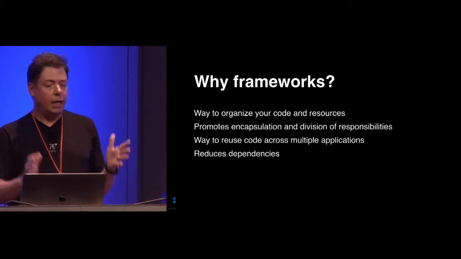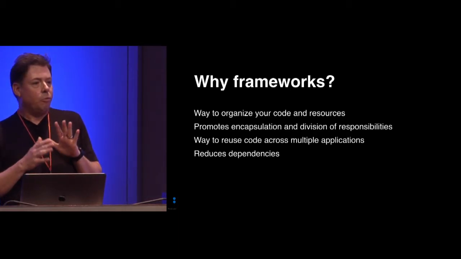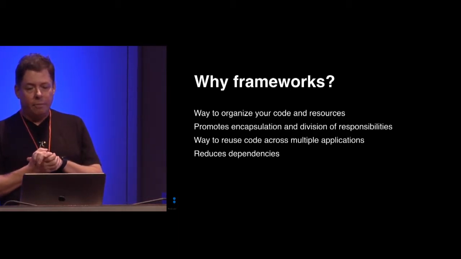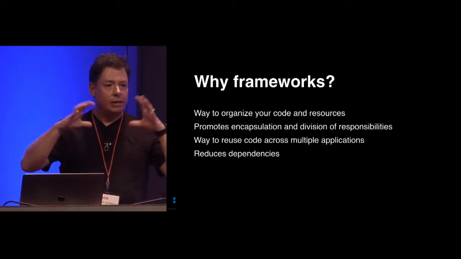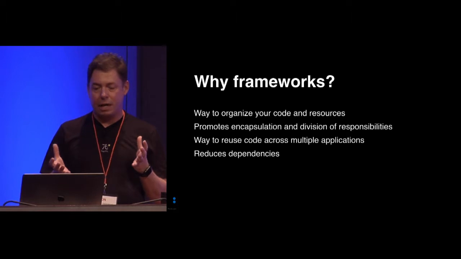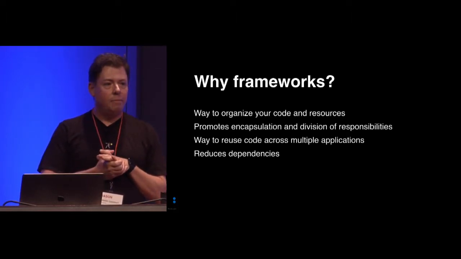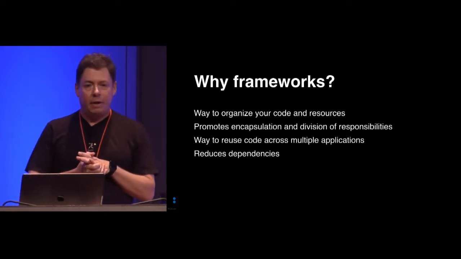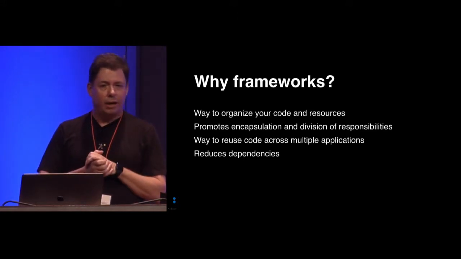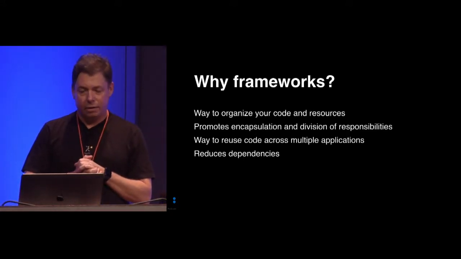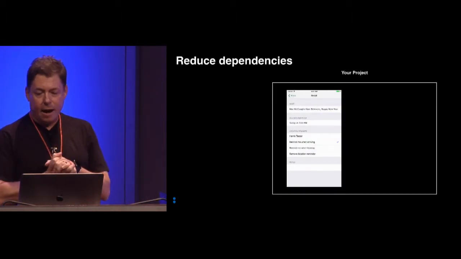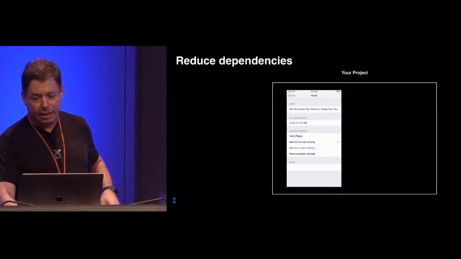And why do you do it? So really, you want to organize your code, but most importantly, you want to promote encapsulation and division of responsibilities. You want to make it very clear. You're developing an API when you build a framework, and you want to keep it very focused and organized well. And it reduces dependencies.